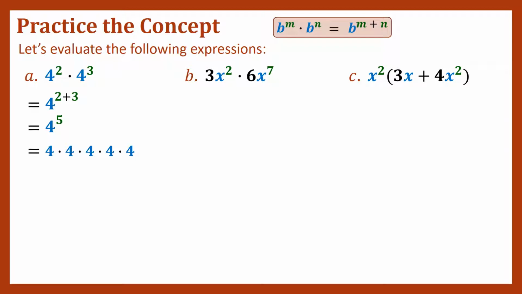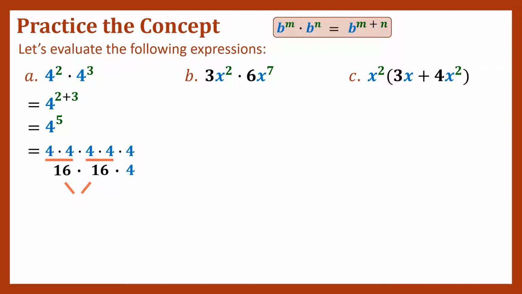So let's evaluate this product. If we multiply the first two numbers together, we will get 16. If we multiply the following two numbers together, this also gives us 16. We can then multiply the 16s together. And at the very end, we will then multiply by the last 4.